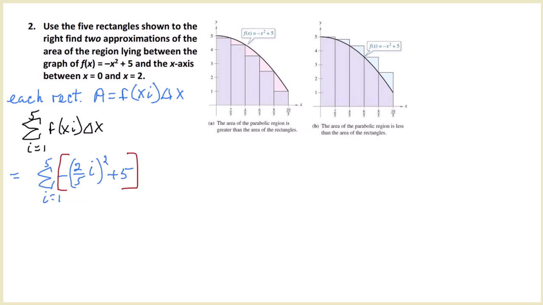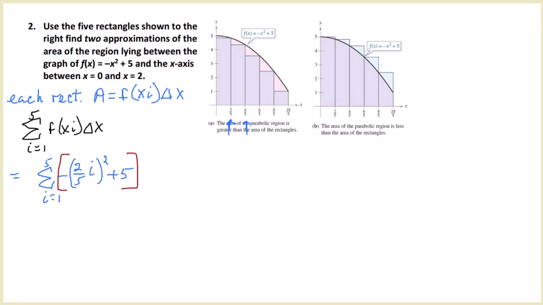We're using this endpoint right here for our rectangle. When i is 2, we're using this endpoint, and so on. So i is a placeholder, but it's helping us do the math here. What would f of that be? Well, it'd be 2/5 i, all of that squared. Why? Because it says minus x squared up there is our f of x, plus 5.